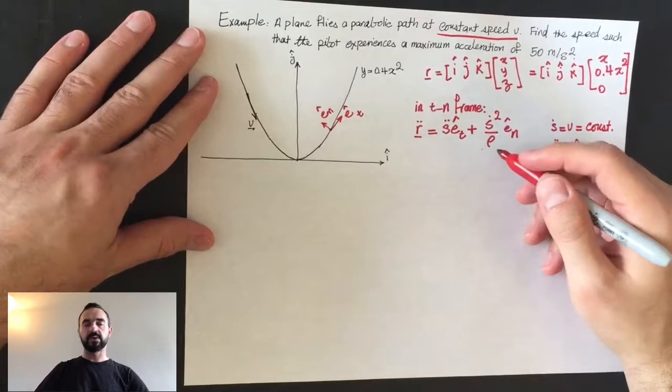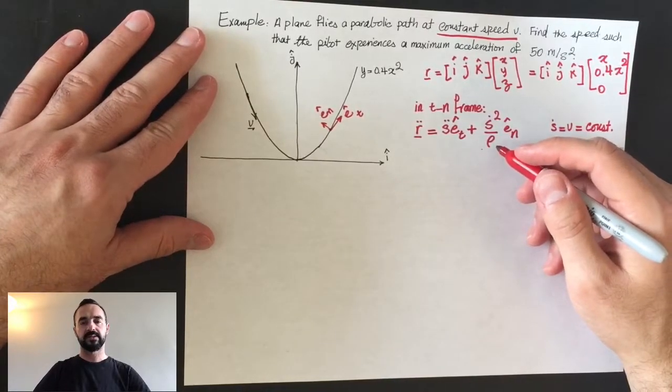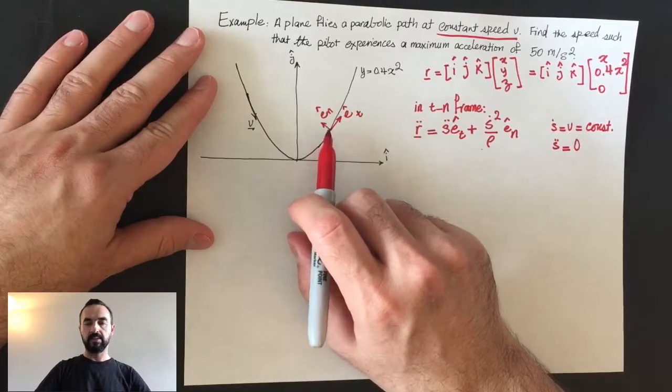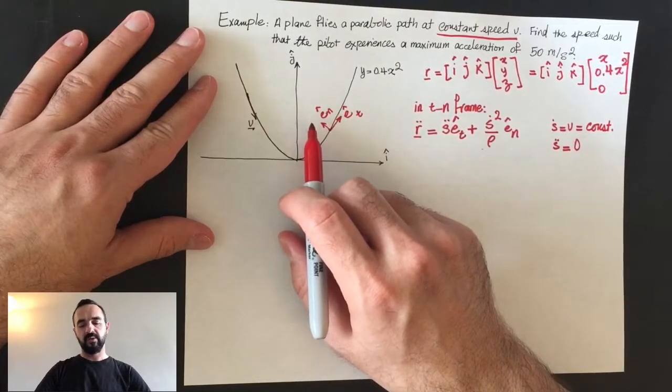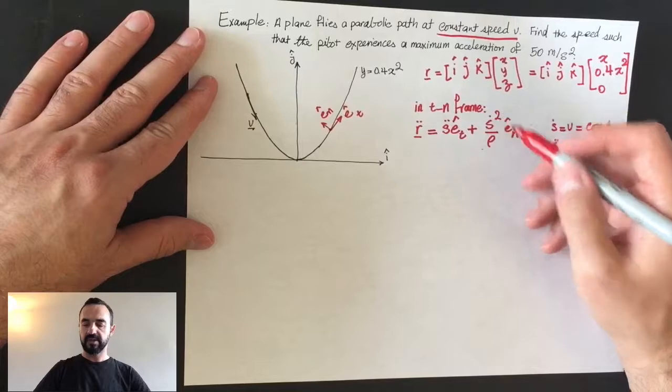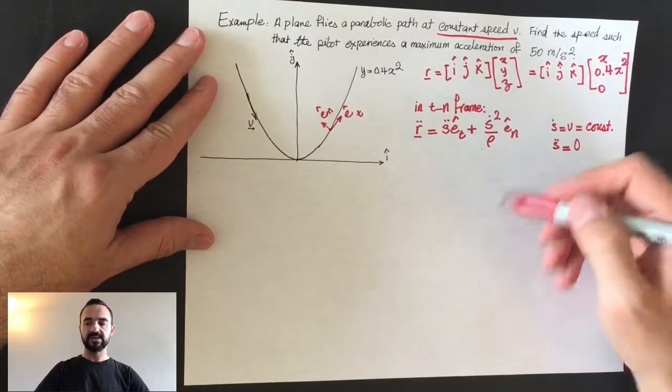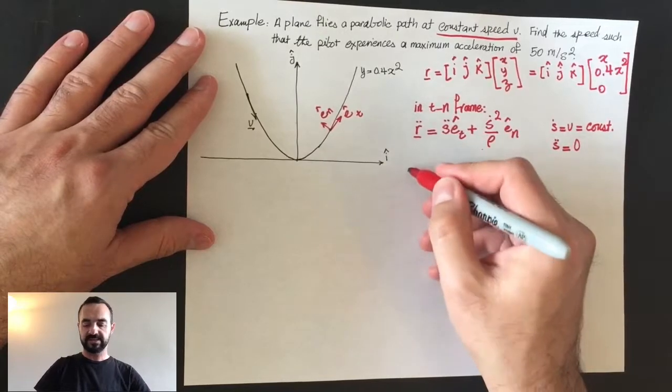Now, to compute the second component of acceleration, the component which points towards the center of curvature, we have s dot squared over rho. Therefore, we need rho, the radius of curvature, from calculus.